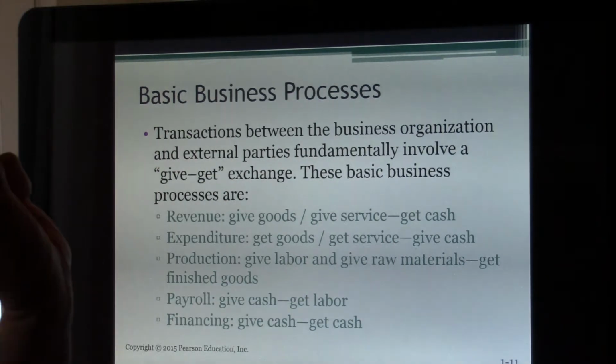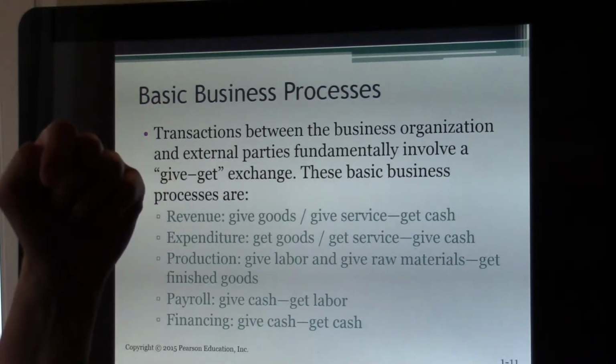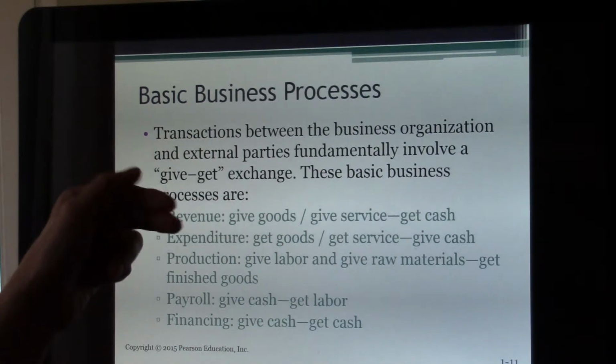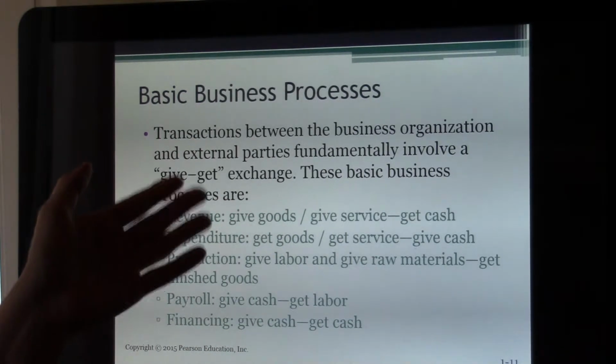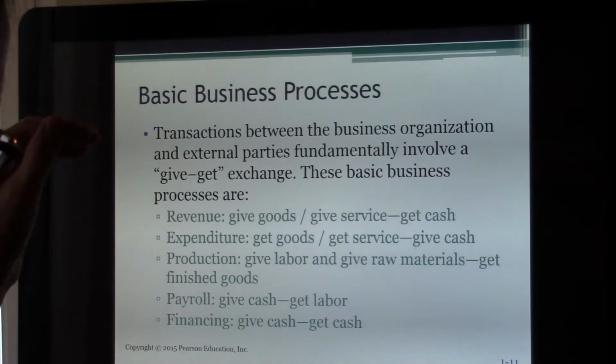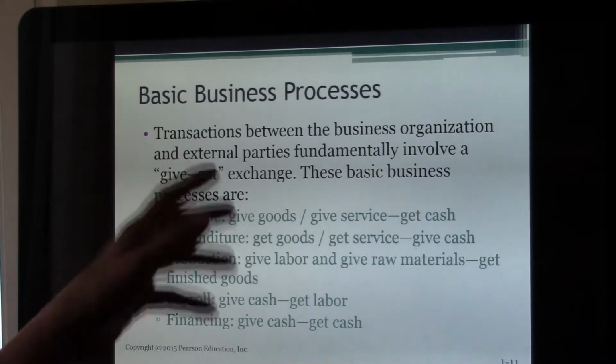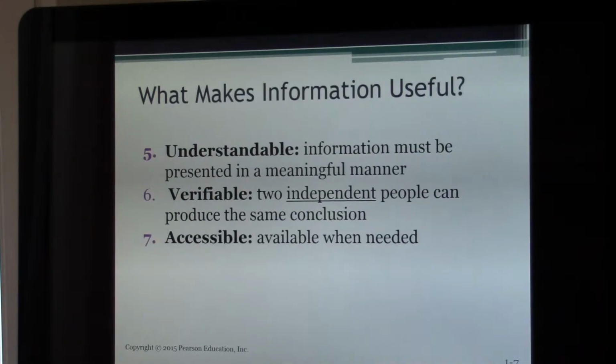So we're getting information, we're doing it by process because it's easier and makes sense that way. We're going to do all the same things together, and we're going to keep track of it so that this information has all these qualities, right?